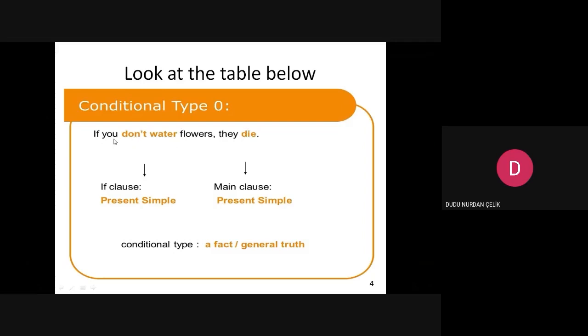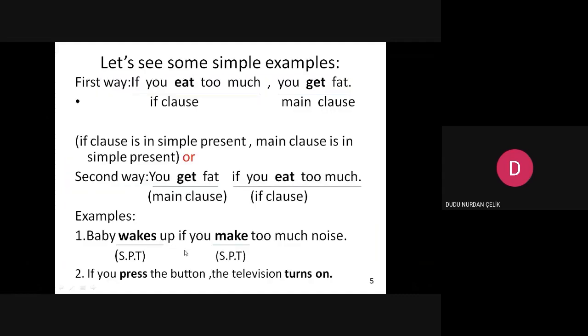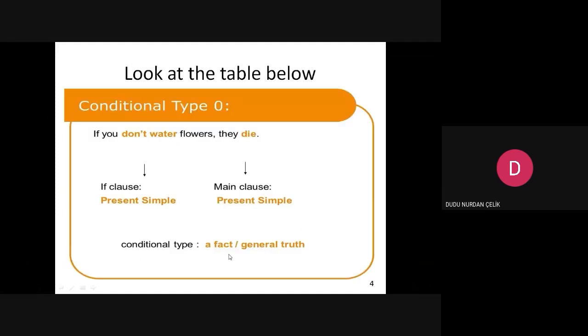As in the example, if you don't water flowers, they die. The if clause is the first sentence, and there is a comma between the two sentences to separate them. The second sentence, they die; die is also in simple present. Zero conditional types explain facts or general truths, we said.